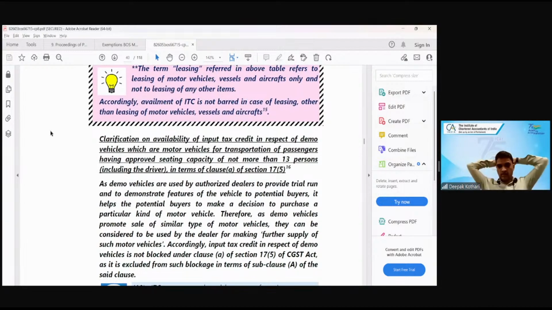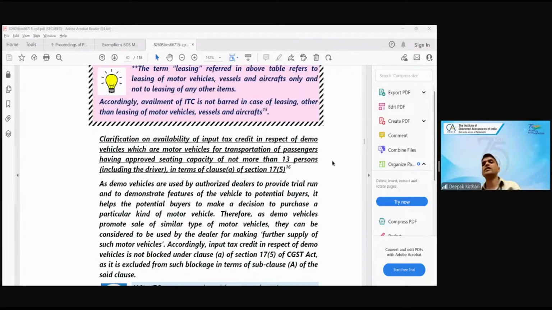Right? What is demo vehicles? Are you clear on what is demo vehicle first of all? Yeah.